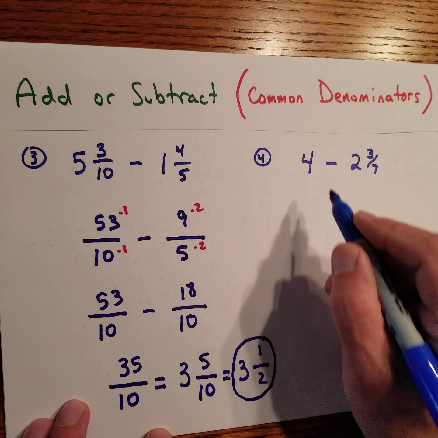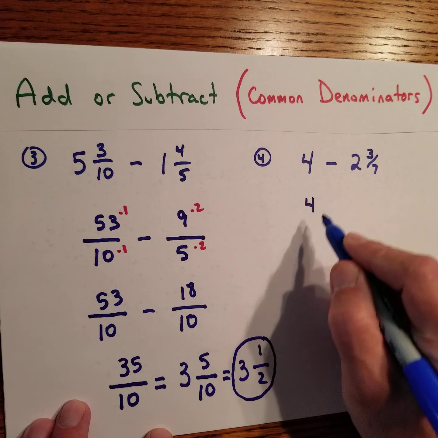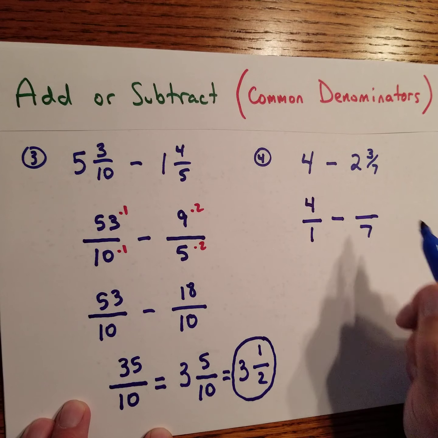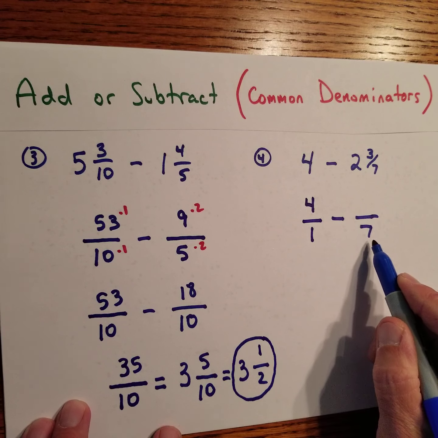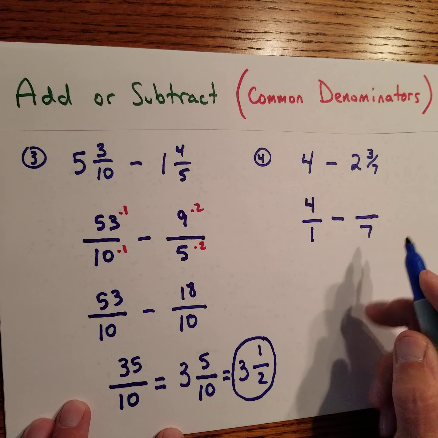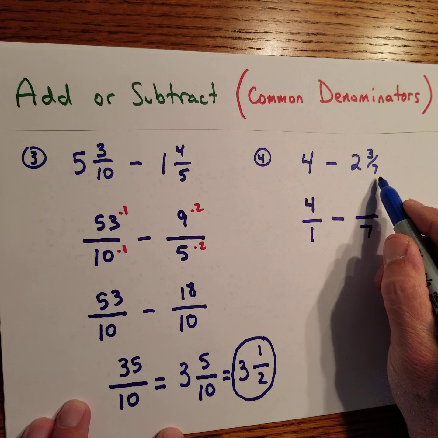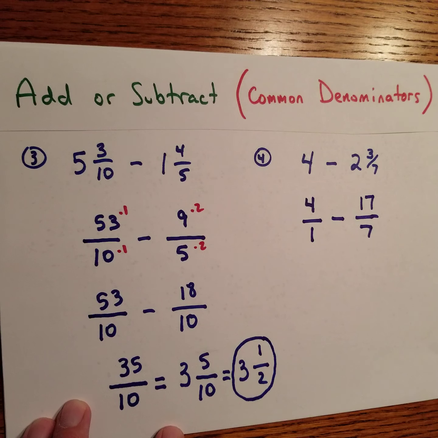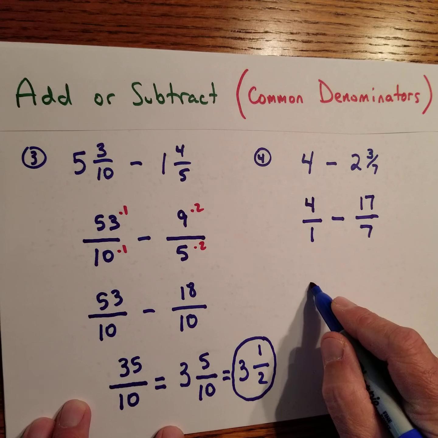Let's make this whole number look like a fraction. Put it over 1. And then change this mixed number into an improper fraction. 2 times 7 is 14, plus 3 is 17. Now common denominators.